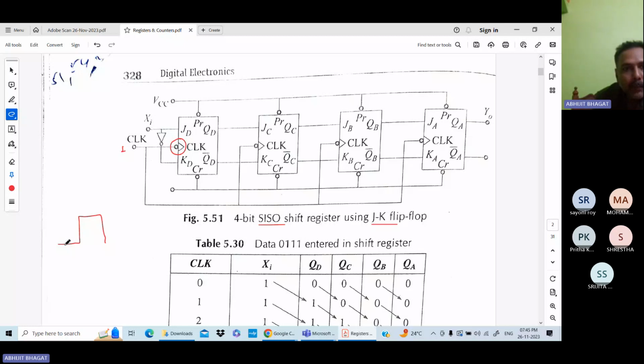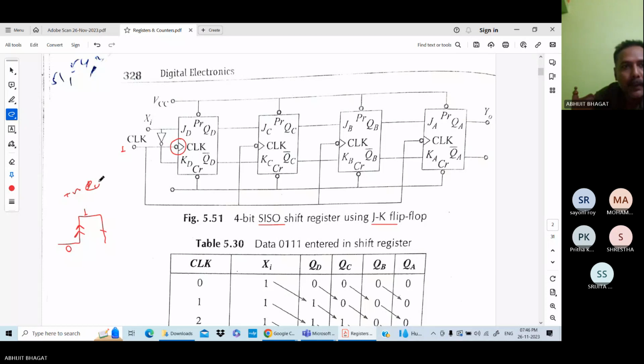One clock cycle starting, from here to here the value is 0 and here it is 1. So from 0 to 1 it is rising. If the value of the data is changed at this point, it is called positive edge trigger.